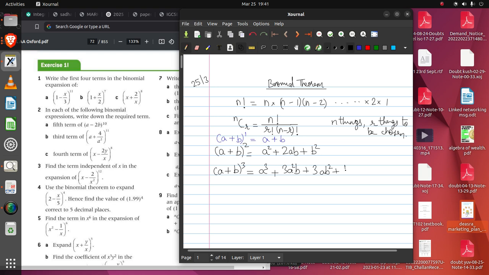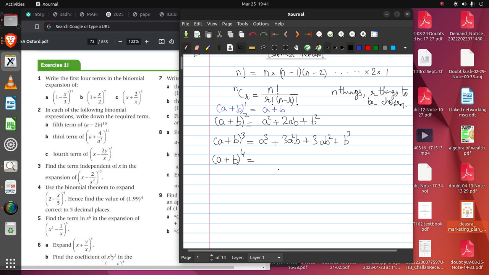What I'm trying to say by writing all of these expansions is that as you keep going up in the power, the number of terms will also keep going up. Sometimes it is not possible to write all the terms in the expansion, because I do not need all the terms for whatever binomial you are trying to expand.